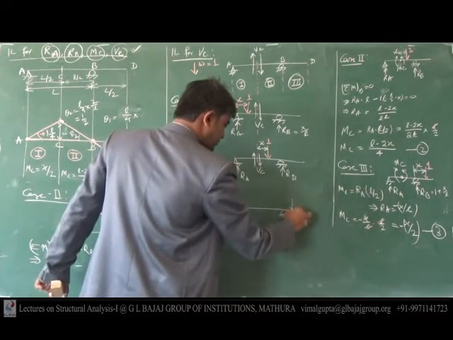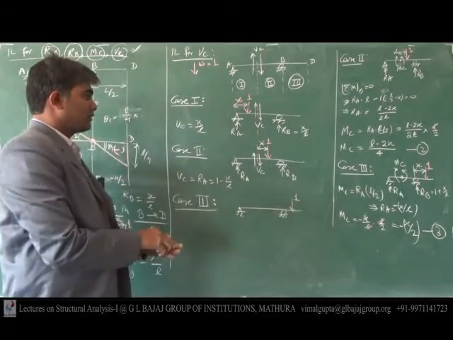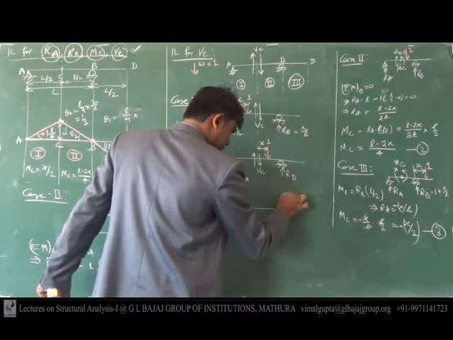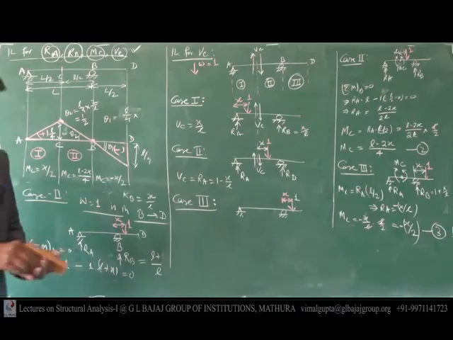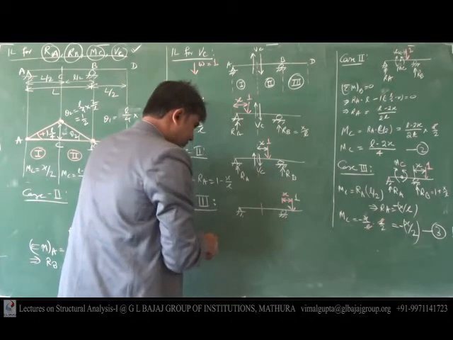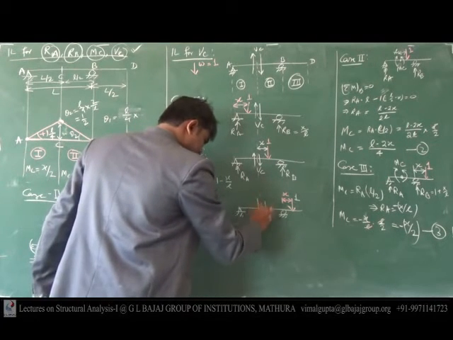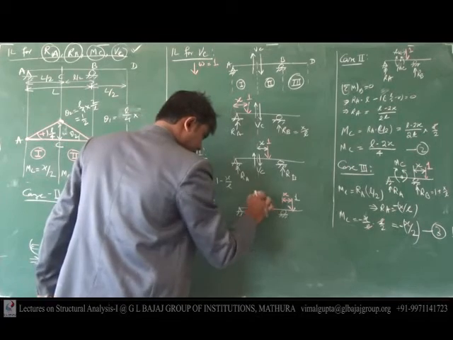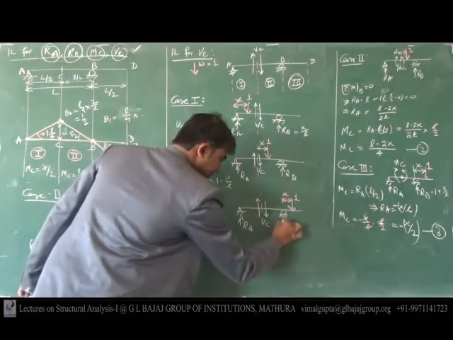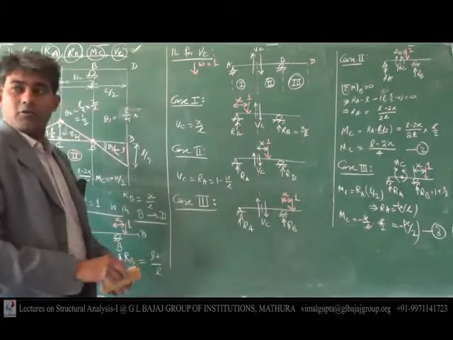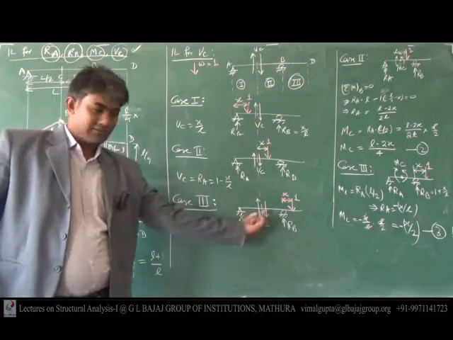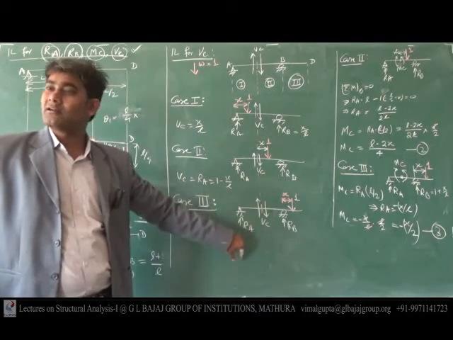Point load should be placed here, and x should be this distance. Since C point is this, this is RA, this is RB. What will be the value of VC? Which one part do we have to consider? This one part.